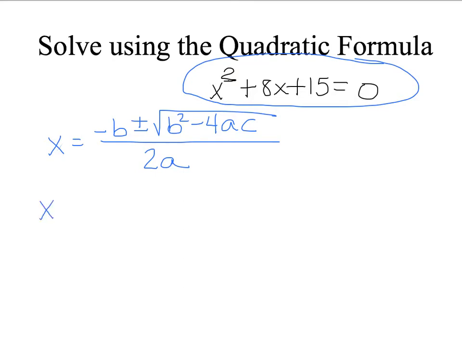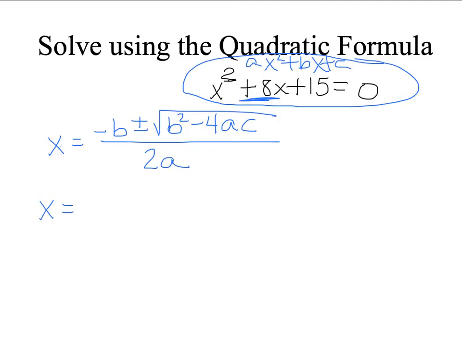Then substitute in. Standard form is ax squared plus bx plus c. So the constant is c, the coefficient of x is b, and the coefficient of x squared is a. So the negative b means the opposite of b.